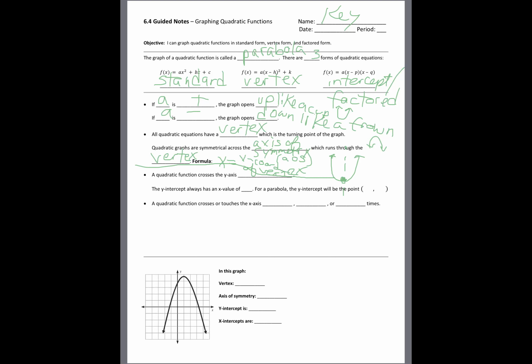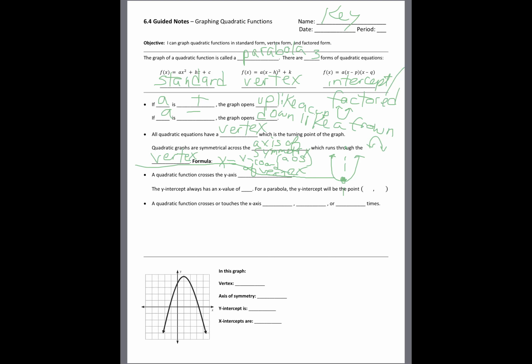Okay, next bullet here says a quadratic function crosses the y-axis. I think they're looking for how many times. So if you have a parabola that's either a U that's right side up or upside down, how many times could it possibly cross the y-axis? Does it have to cross the y-axis? Could it cross multiple times? Well, if you think about it, it can only ever cross once if it truly is a parabola, right?